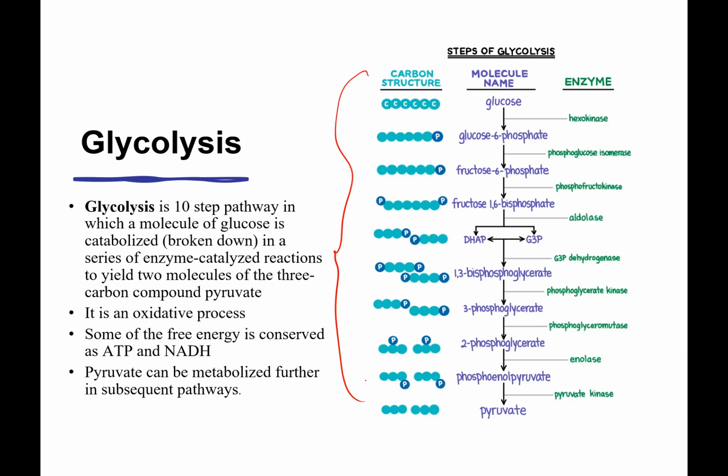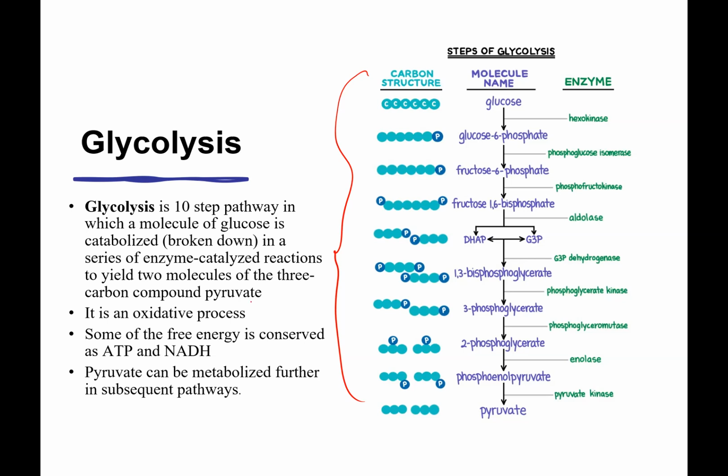One of the things I liked about this figure is we're going to see how important phosphorylation is to this process. You might notice that every single intermediate in this reaction is phosphorylated. So that really highlights that point in a very simple way. This gives you all the intermediates and all the enzyme names.